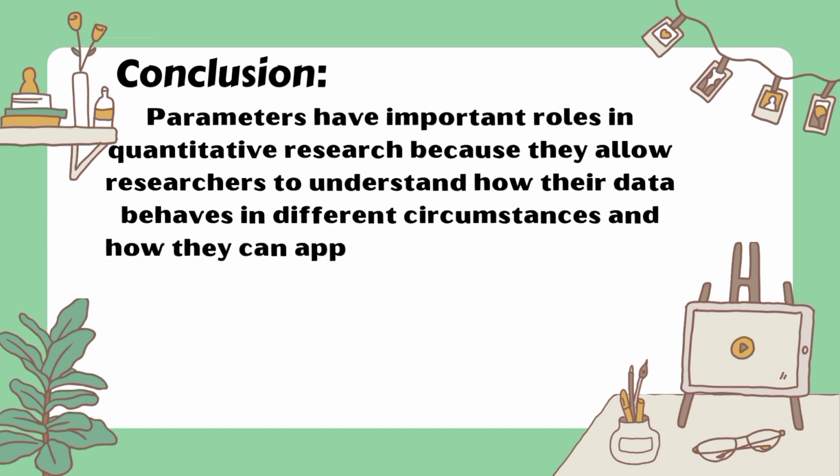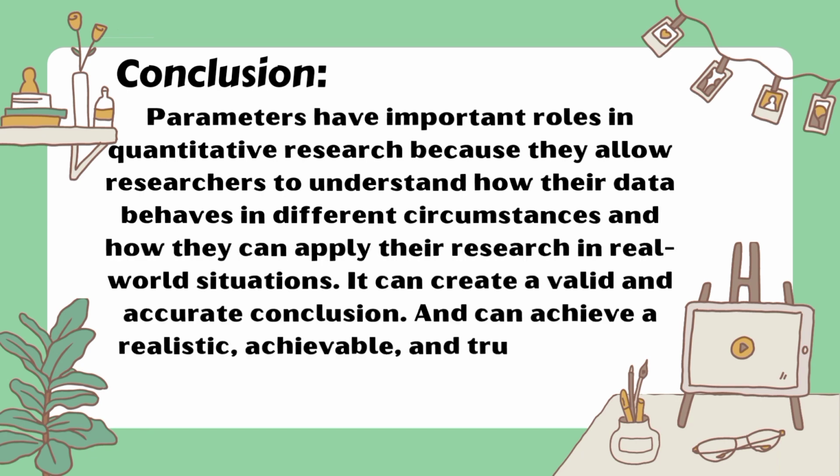Conclusions. Parameters have important roles in quantitative research because they allow researchers to understand how their data behaves in different circumstances and how they can apply their research in real-world situations. It can create valid and accurate conclusions and can achieve a realistic, achievable, and true hypothesis.